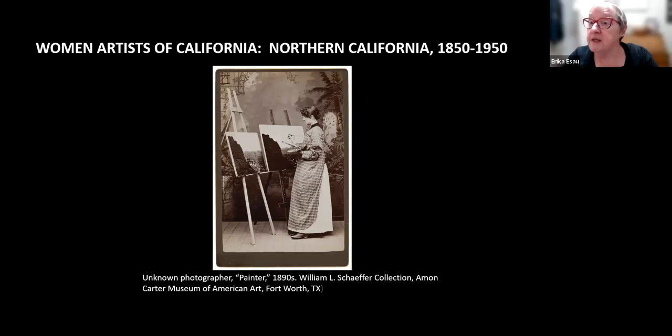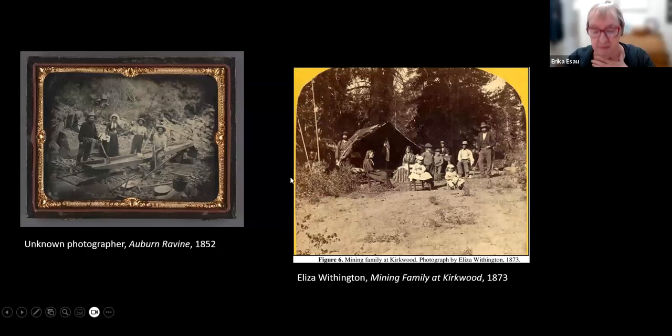The American population of California really begins with the gold rush of 1849. At that time, the population of San Francisco was about 1,000. So it was essentially just a Mexican garrison town. There were women in the gold fields from the beginning, as you can see in this daguerreotype.